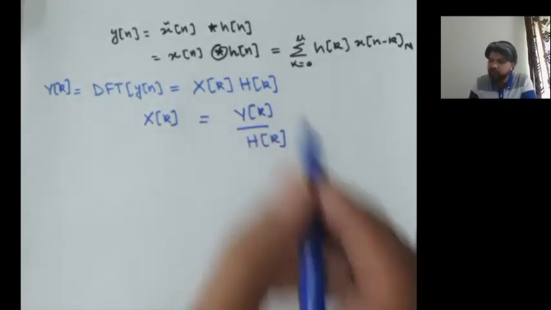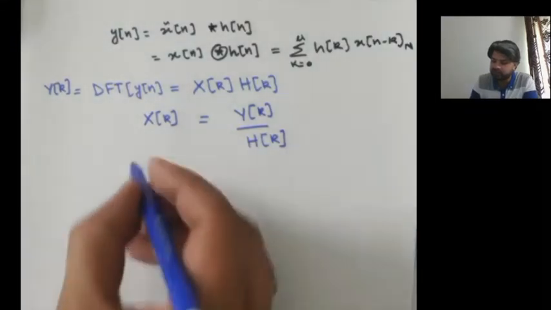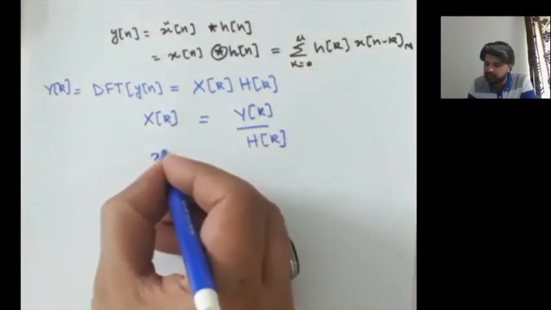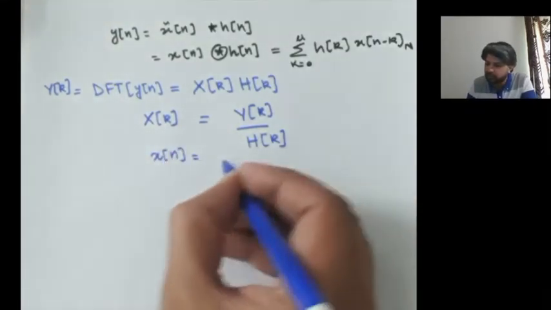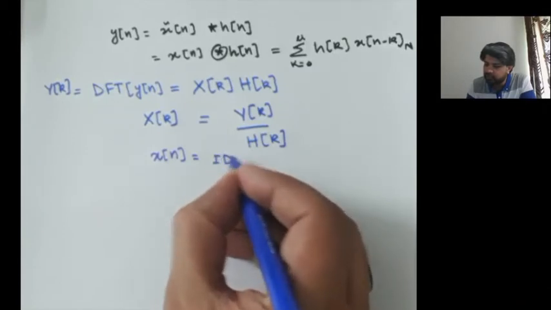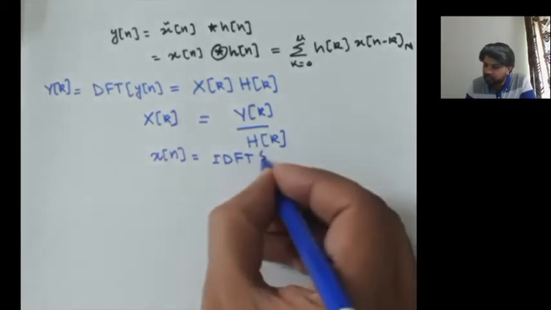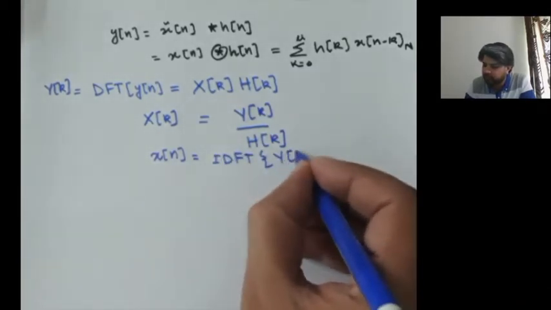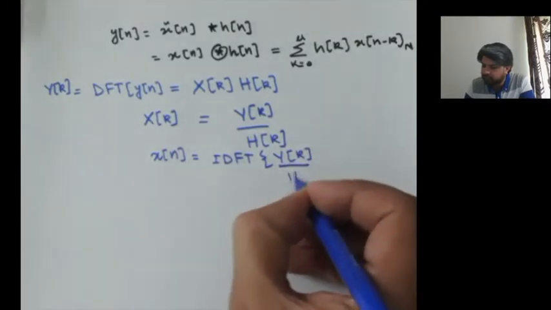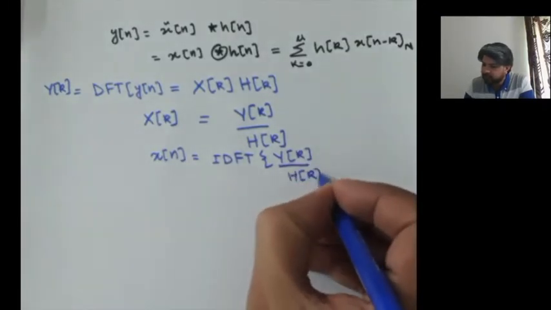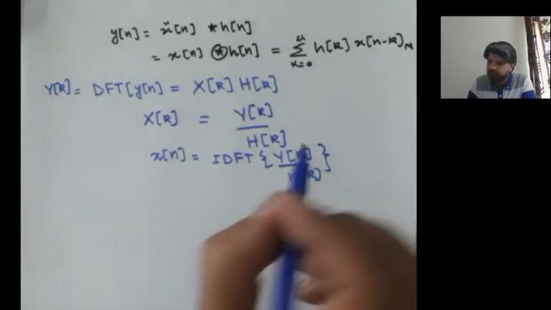And now if you want to get your signal x of n back at the receiving end, this x of n would be nothing but the inverse discrete Fourier transform of this quantity y of k divided by h of k. So that would give you your signal back.